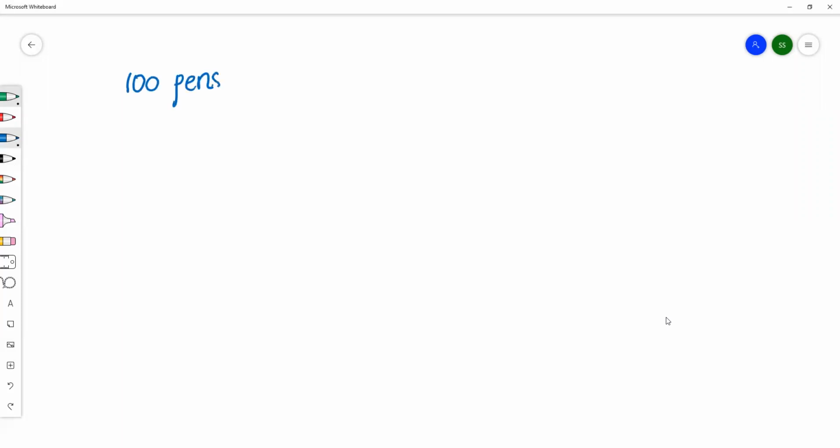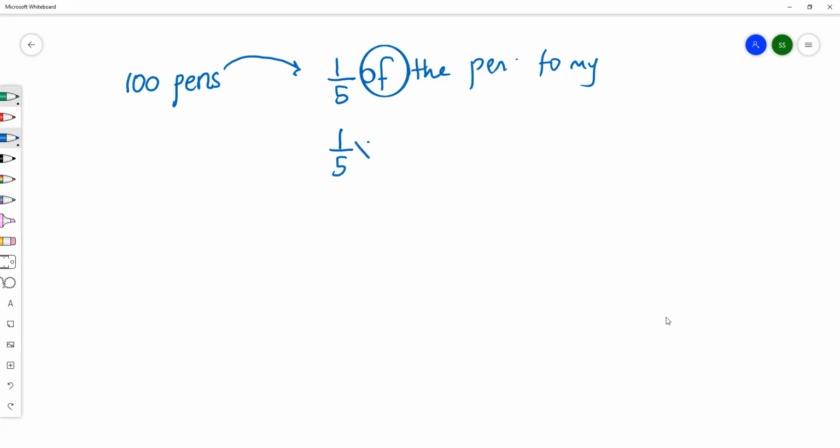I am going to give 1/5 of the pens, sorry, not pencils, 1/5 of the pens to my sister. So I will write 1/5 of means multiplication.